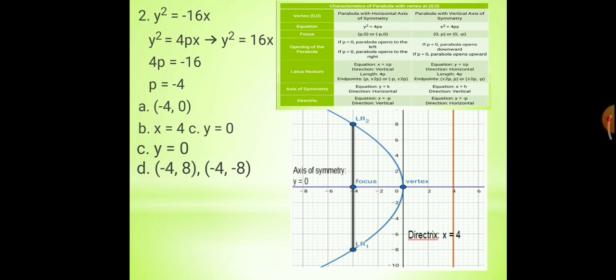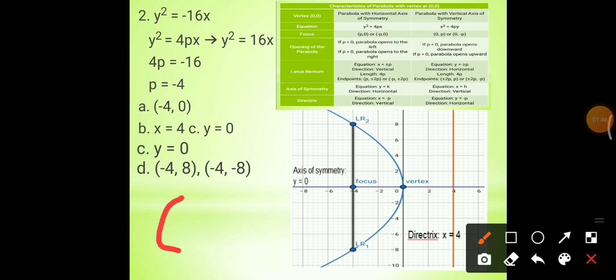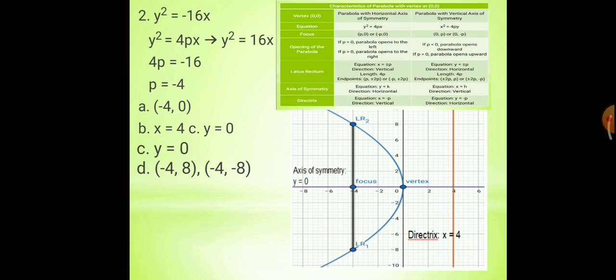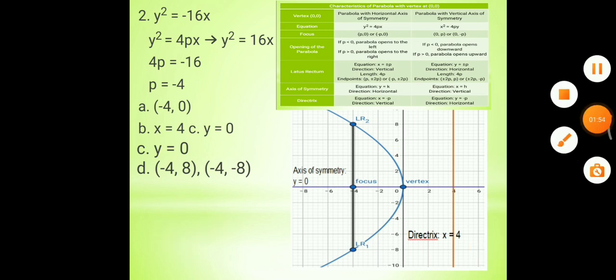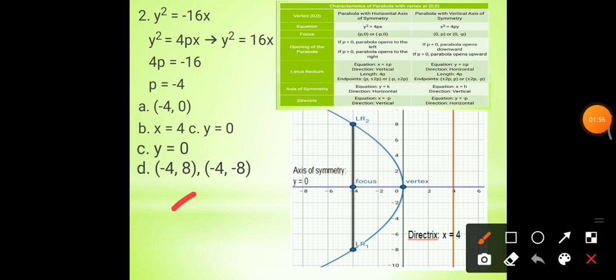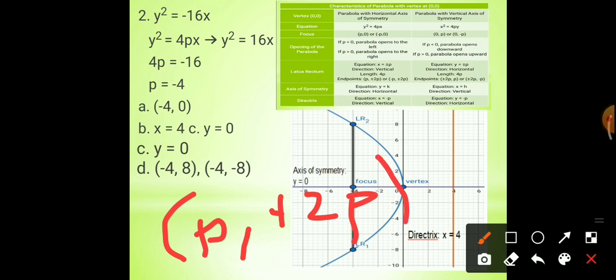Endpoints of the latus rectum: (p, p times 2), that is (p, 2p) and (p, negative 2p).